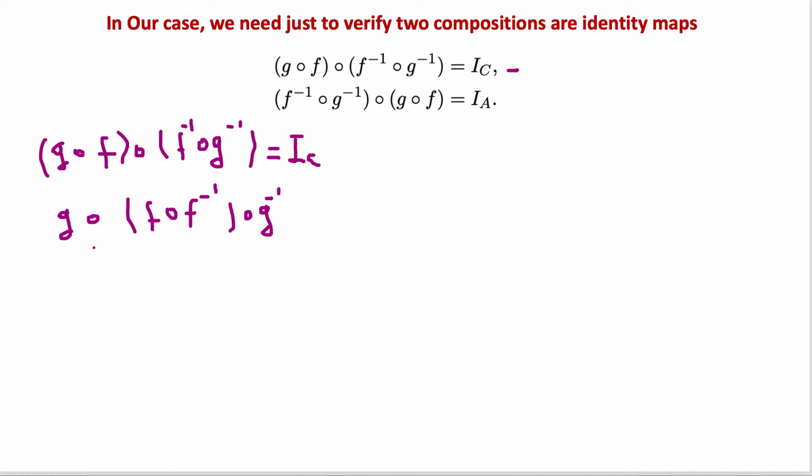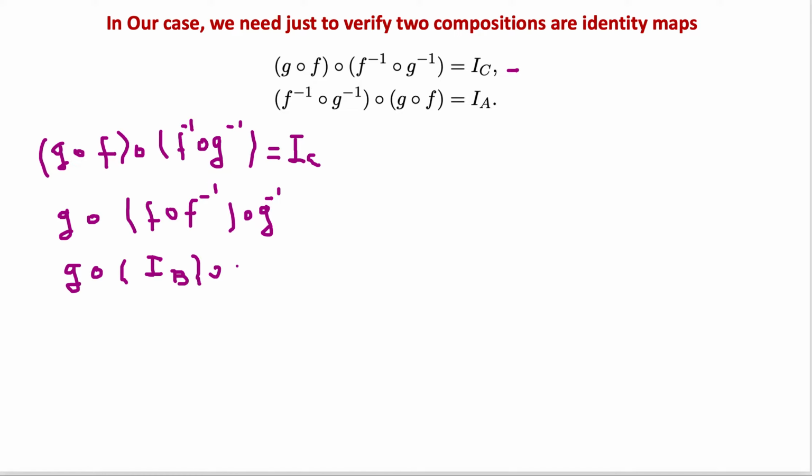And what happens here? This composition of f and f inverse is going to be the identity of B, because the inverse function of f is going to be in the set B.